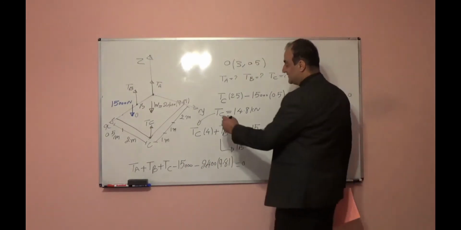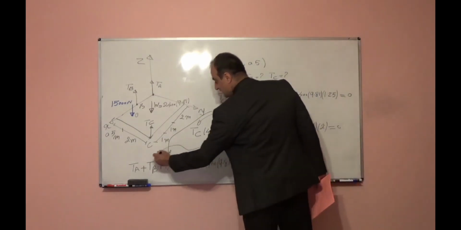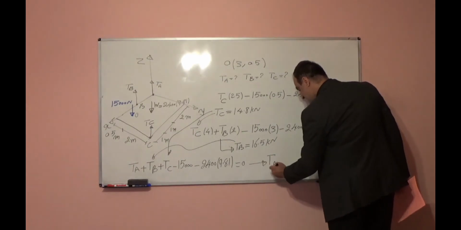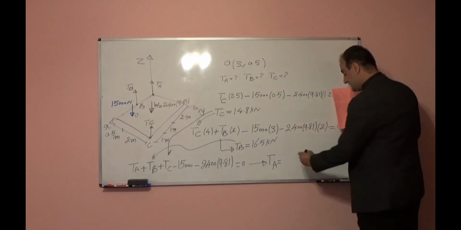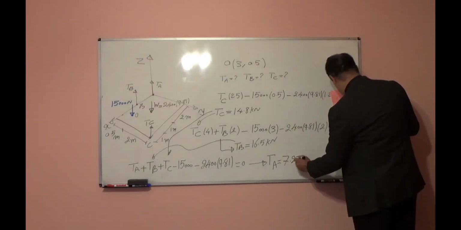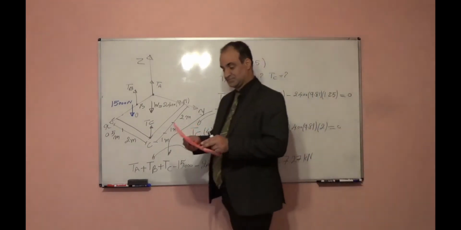You have TC, you can plug here. You have TB, you can plug here. So from this equation you can find tension force in cable at point A. It will be 7.27 kilonewton.